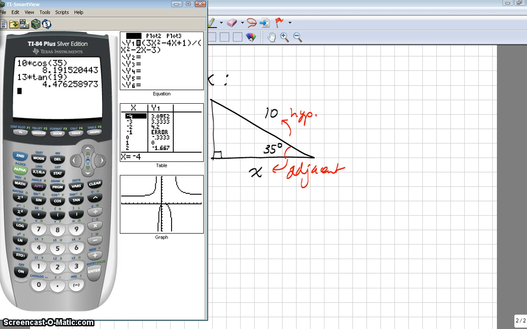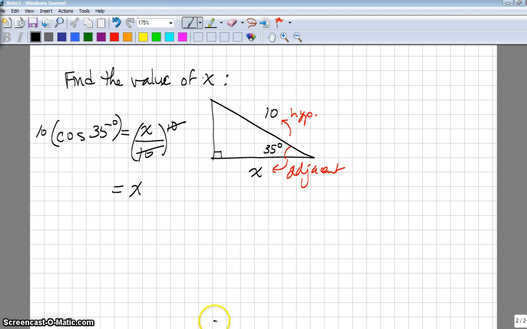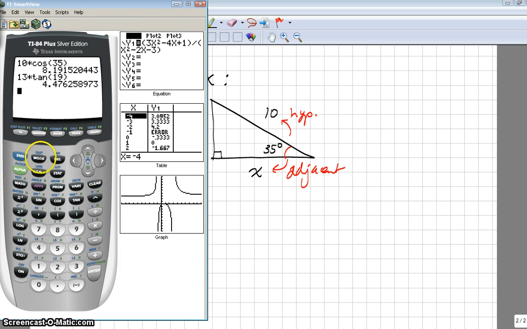So we're going to go to our calculator. And the first thing you want to do is click the mode button and make sure that on the third line you're in the degree mode and not the radian mode. There are two ways to measure angles, in radians or degrees. Right now we're measuring them in degrees, so you want to make sure that you are in degree mode.